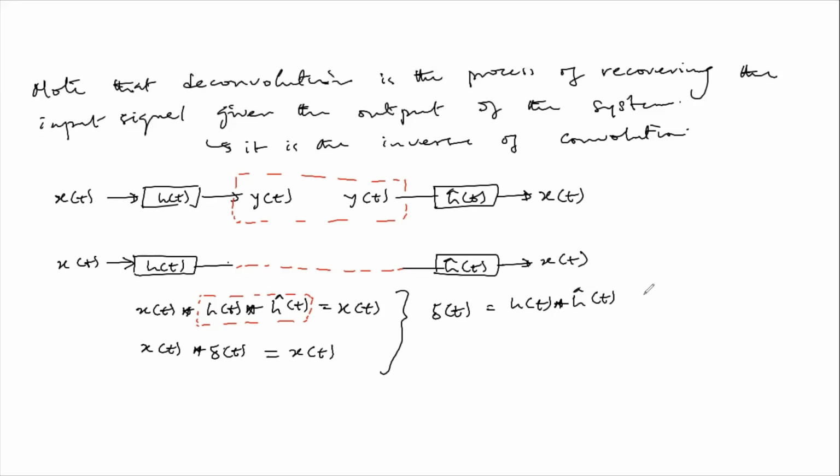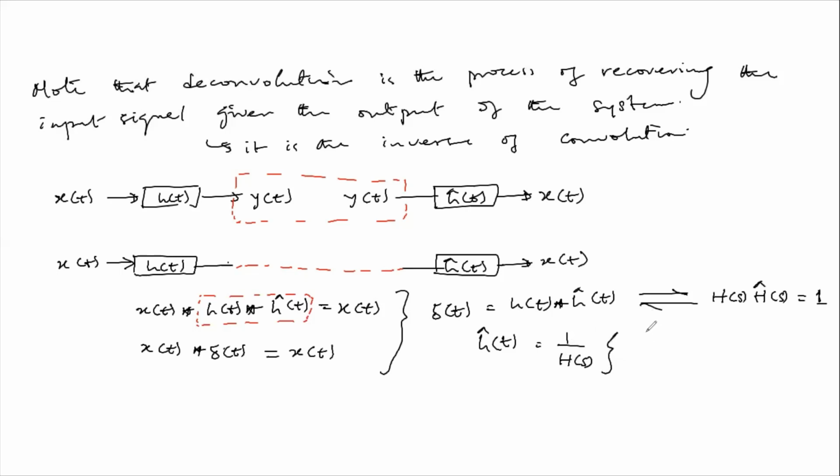Okay, and then if we take the Laplace transform and the inverse Laplace transform, so we'll have h of s, then h hat of s. Here, the Laplace transform of the direct delta function gives us 1. Okay, so technically, we can say that h hat of t is the same as the inverse of h of s.